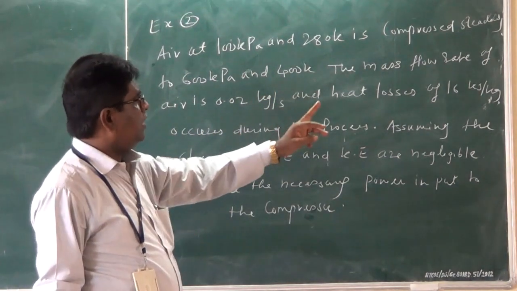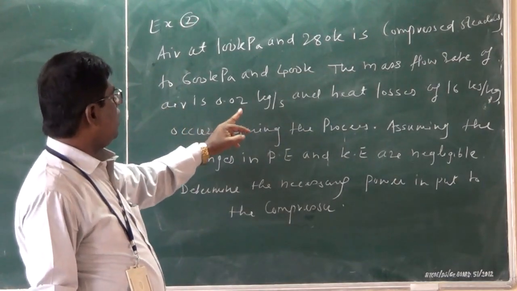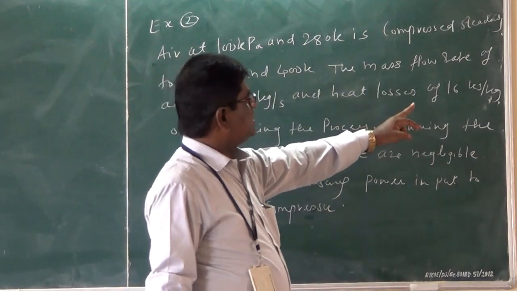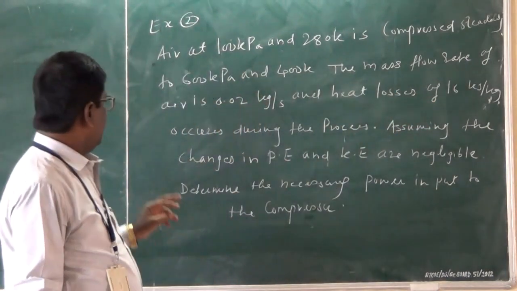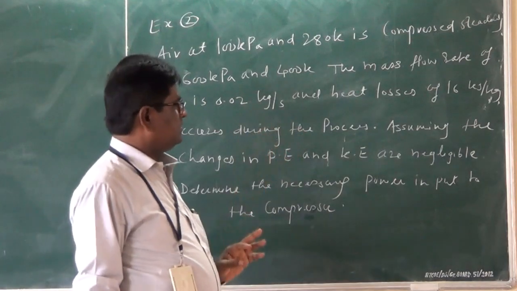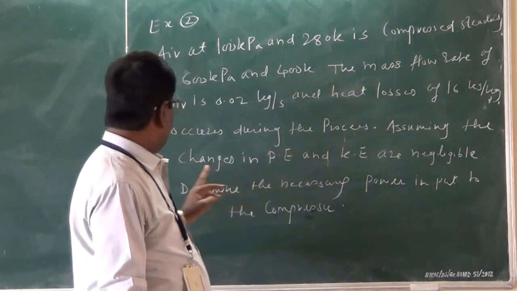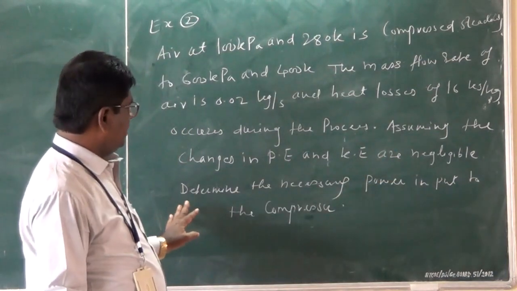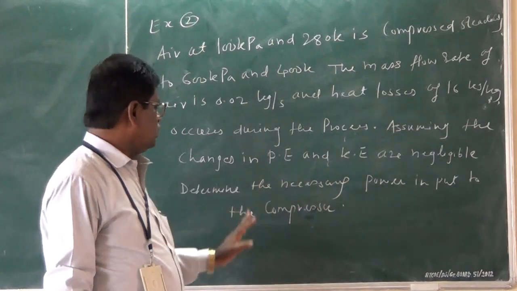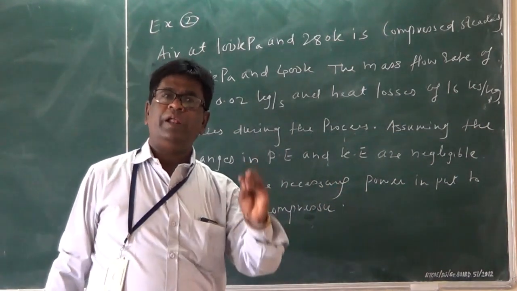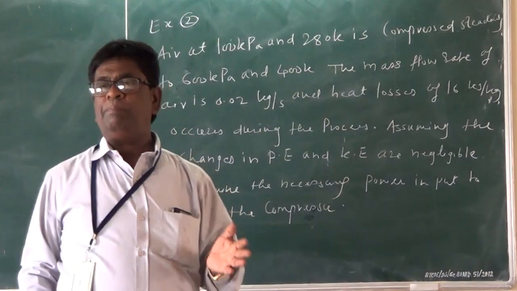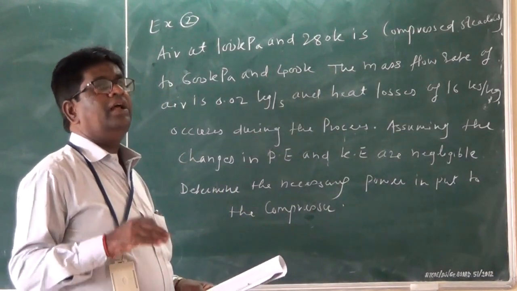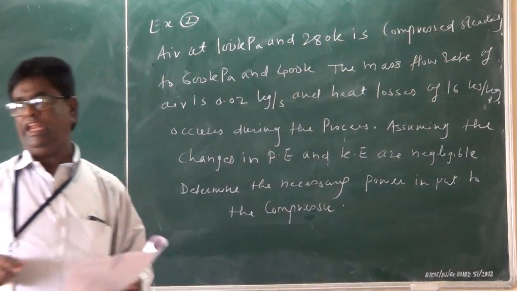The mass flow rate of air is 0.02 kg per second and heat losses of 16 kilojoules per kg occur during the process. Assuming the changes in potential energy and kinetic energy are negligible, determine the necessary power input to the compressor. So here power input is asked; in the last problem power developed was asked. After calculating we can see that the work will become negative.